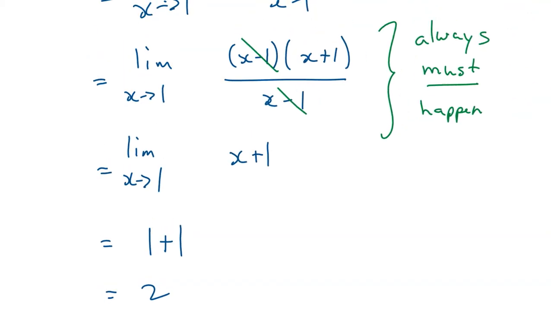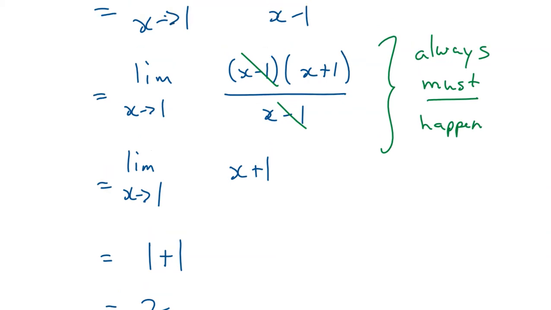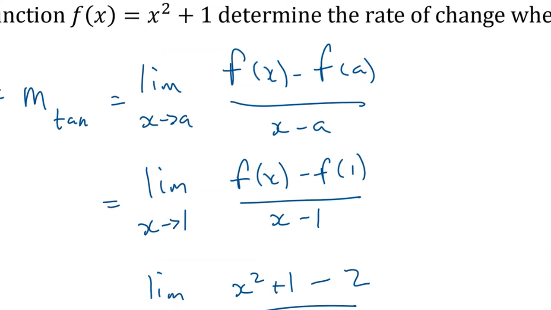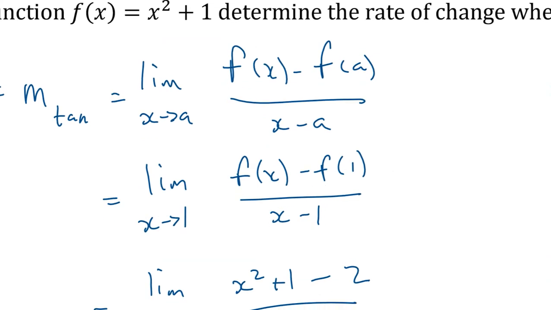But there's a reason why this works. We'll talk a little bit about that later. It's not super important. What's important is this is the method for using the slope formula to find the slope of a tangent. And we can calculate it. It's not an estimation, it's a calculation.